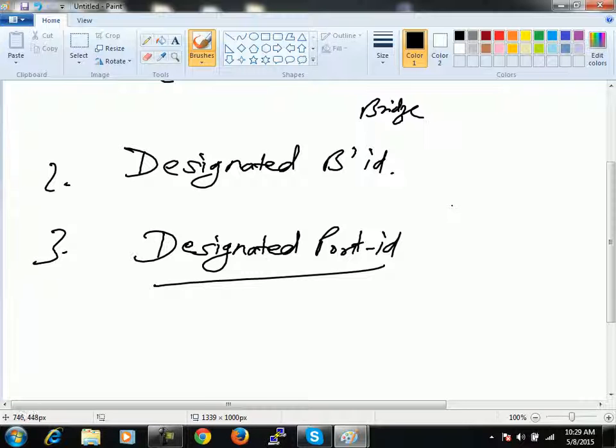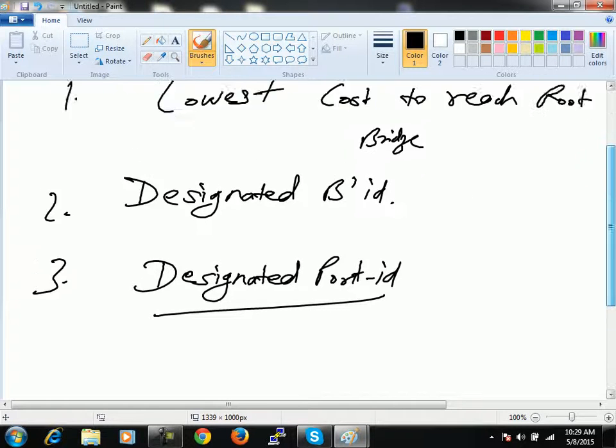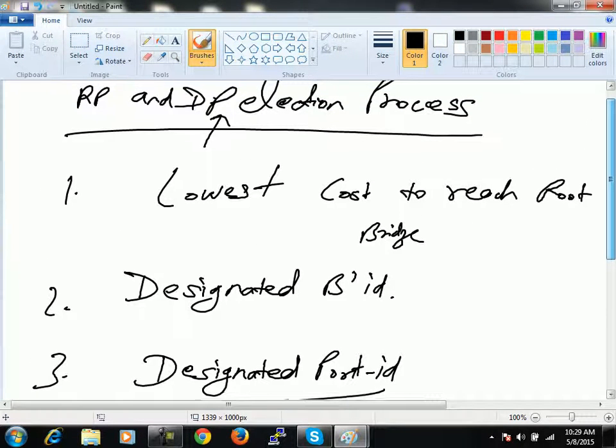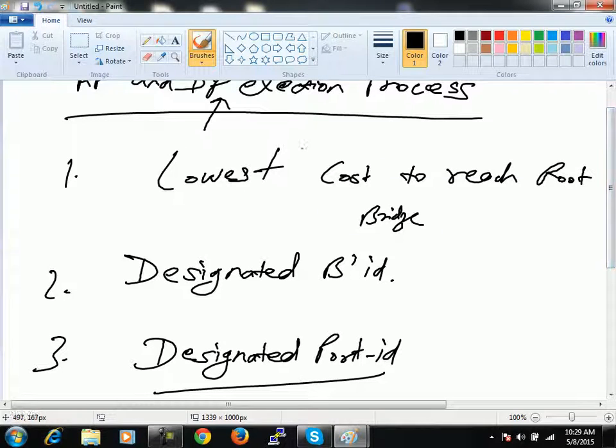I'll discuss all of them with you, how a switch uses all these parameters to elect its RP and DP. So these three parameters are there: the primary criterion is lowest cost, and the other criteria are used as tiebreakers.